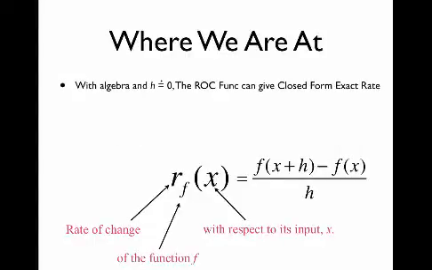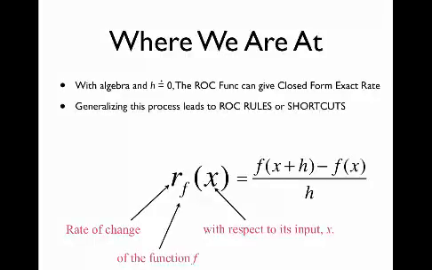Okay, and so we saw, with algebra and letting h be very, very small, the rate of change function can give us a closed form exact rate. And that's what we want. Generalizing this process for different situations leads to these rate of change rules or shortcuts. That's what we're going to start working on, and it's about these rules or shortcuts which the mastery test is about.